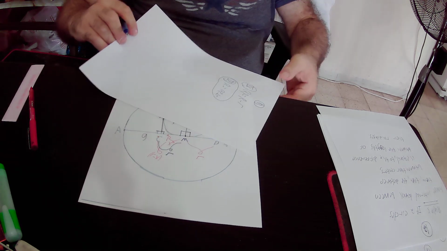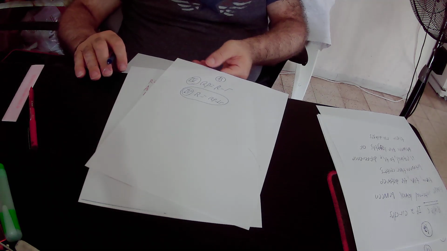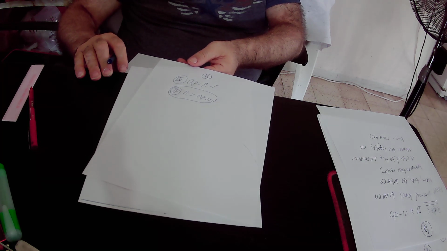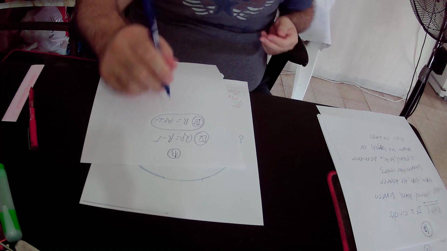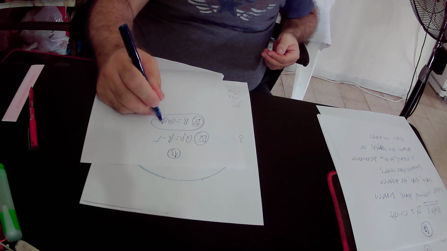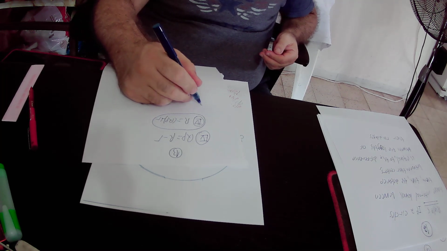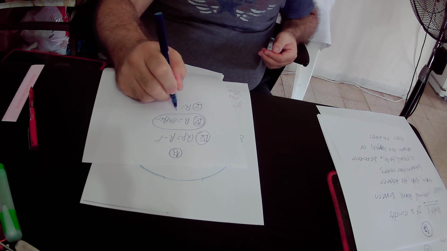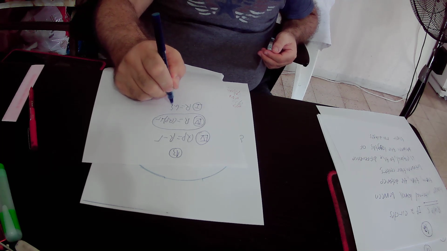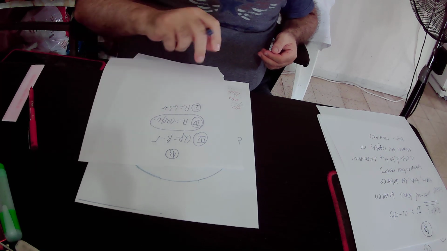Okay, so we got that capital R equals PQ plus small r. But according to equation number 1, capital R equals 6.5 plus small r.